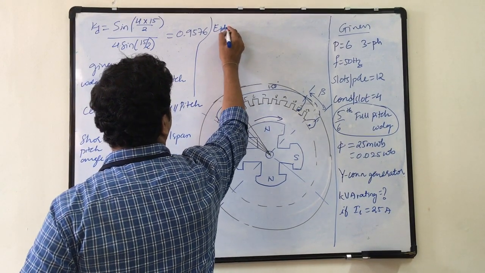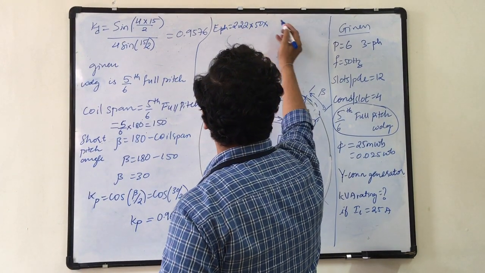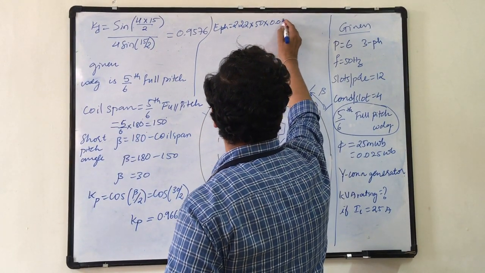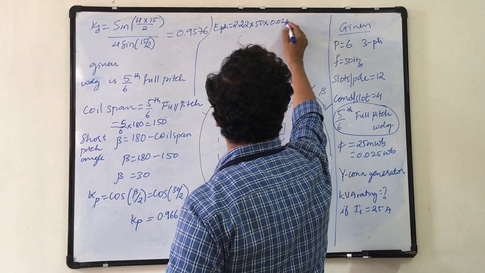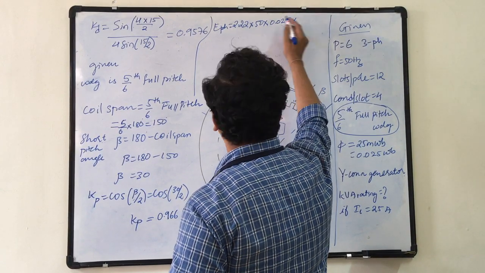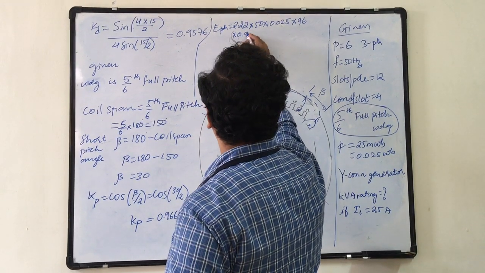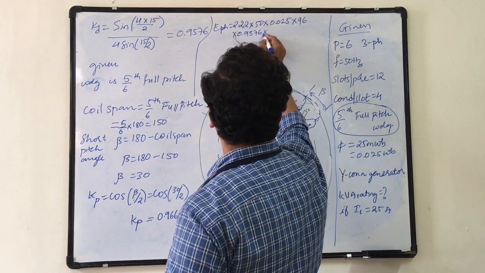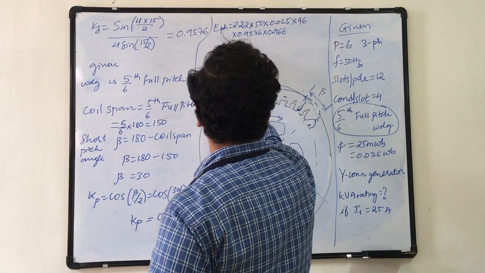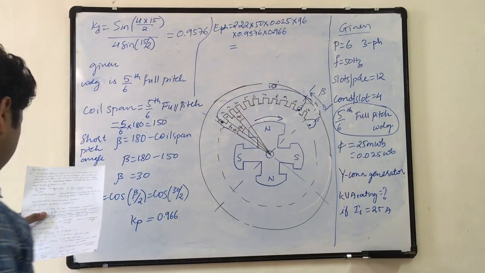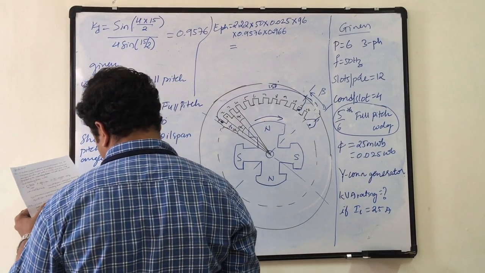Therefore, EPH is equal to 2.22 into 50 into flux 0.025, 25 milliwebers. It is 0.025 into number of conductors 96 into KP 0.9576, KD 0.966. So EPH will come out to be 246.43 volts.